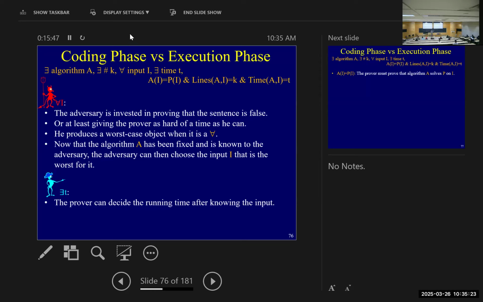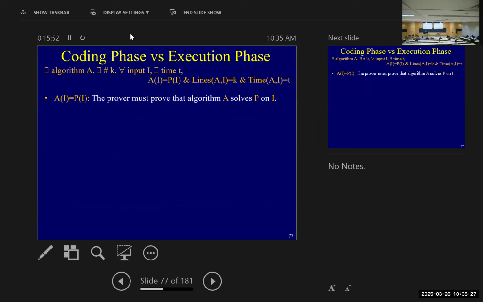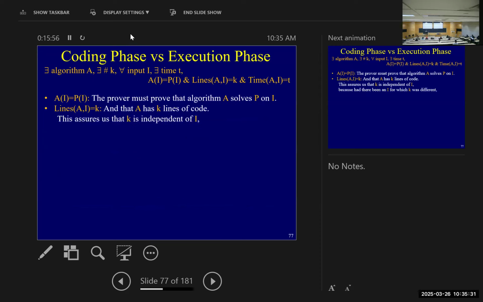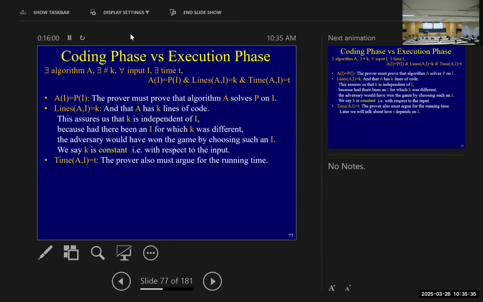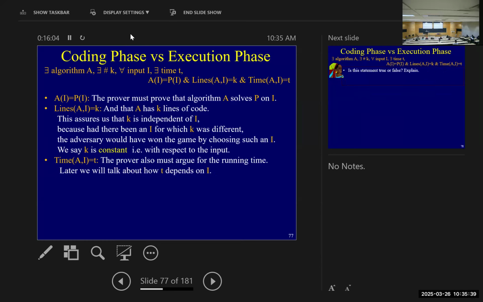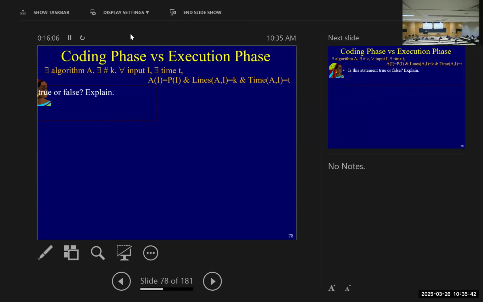Not n, sorry, 2. And then we have to prove that it gives the right answer and it uses the right amount of time and lines of code. Everybody good? Any questions about this? You feel you could do one of these?